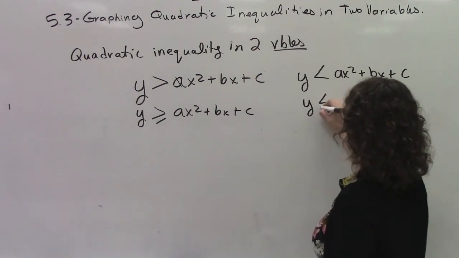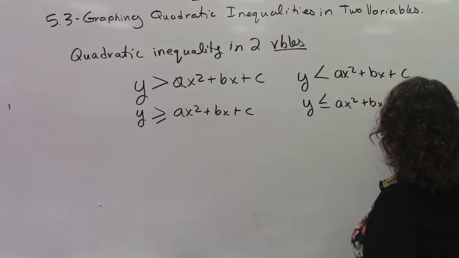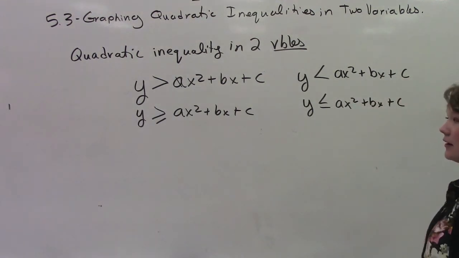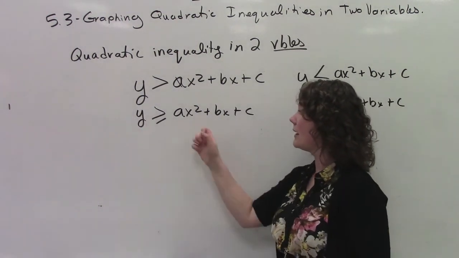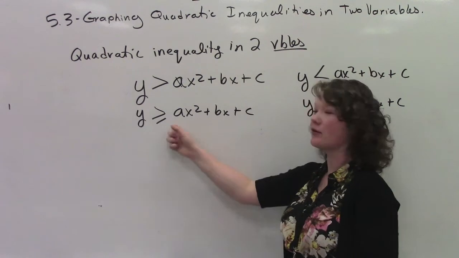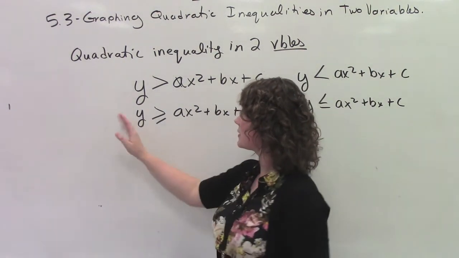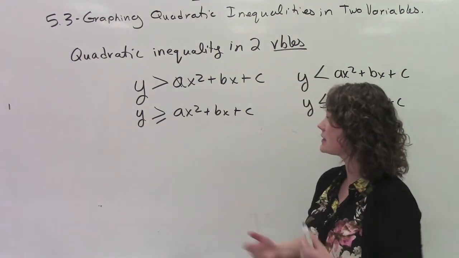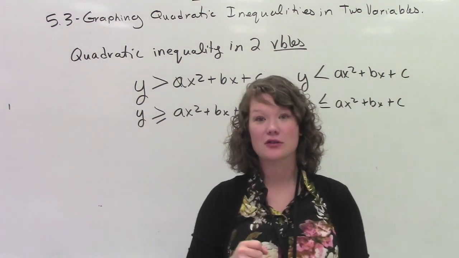And y is less than or equal to ax squared plus bx plus c. Alright, so we're finding out where y is less than this quadratic equation. It looks like a function. The only thing that's different is that we're going to have a shaded region again instead of just a line.